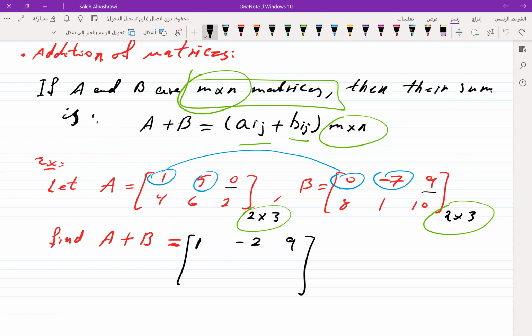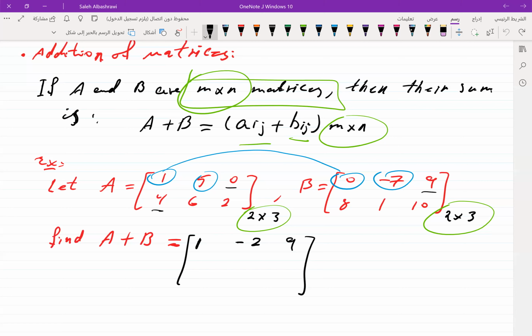So we are adding the elements which are in the same position of the matrices. The first element in the first row, first column, was added with the first element in the first row, first column of the second matrix. Second element with the second, third with the third, like this.